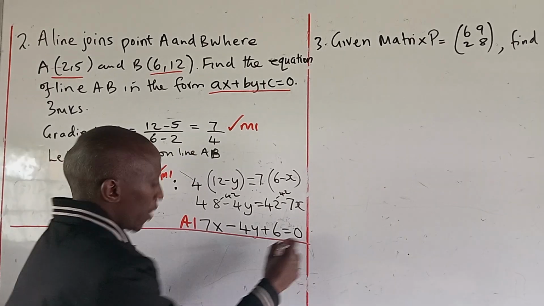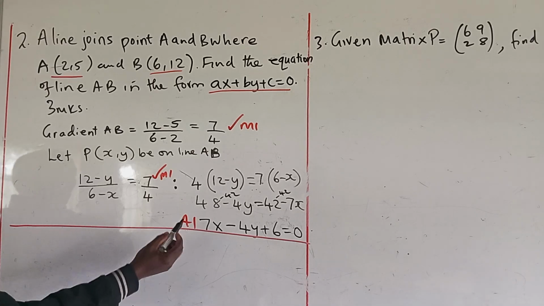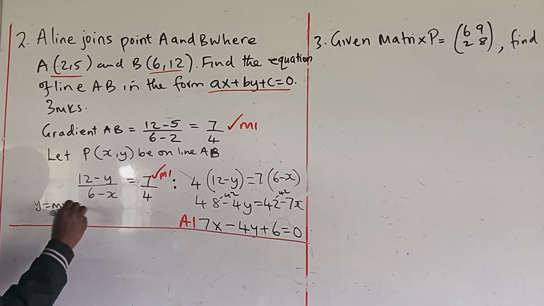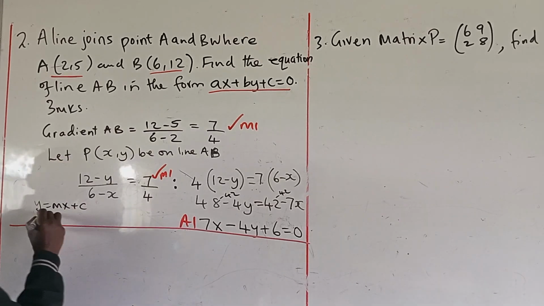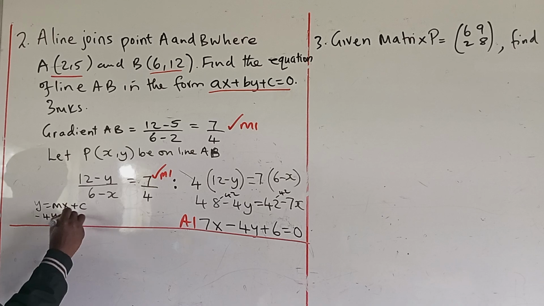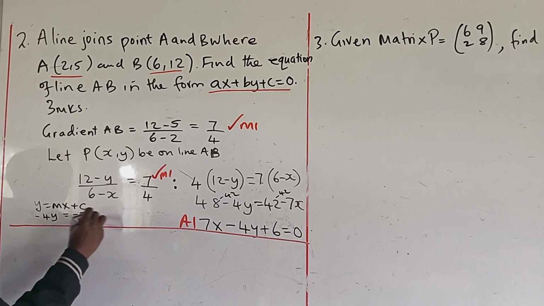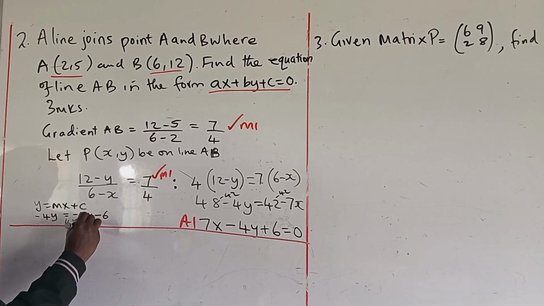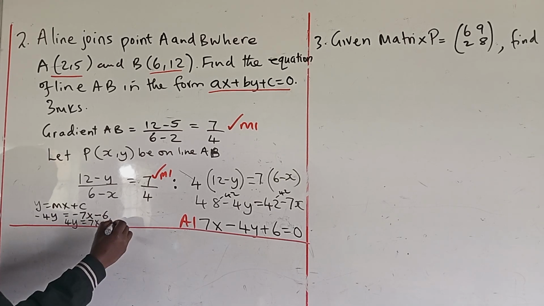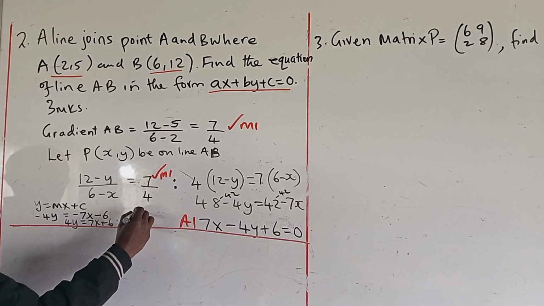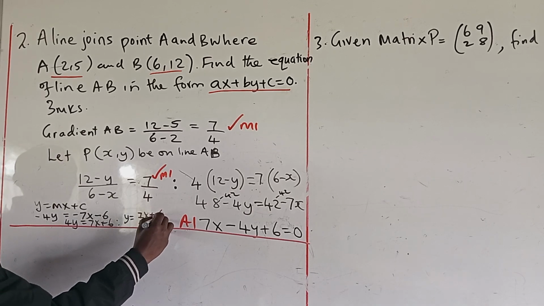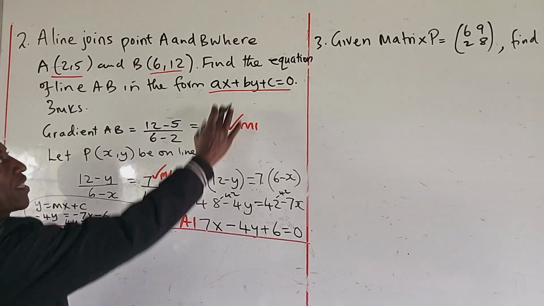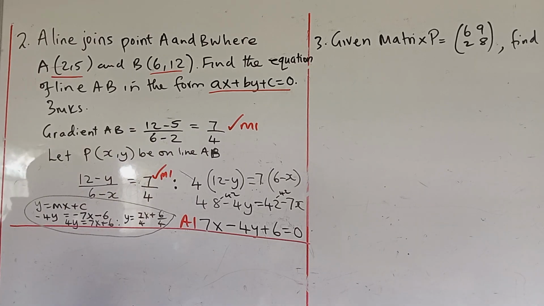Now, at this point, we need to notice that if a student at this level decided to give the equation in the usual form, y is equal to mx plus c, by possibly writing negative 4y is equal to negative 7x minus 6, then multiplying through by negative 1, you get 4y is equal to 7x plus 6, then possibly dividing by 4, you get y is equal to 7 over 4 x plus 6 over 4, then this particular student will not score the accuracy mark because the student has not obeyed the instructions given.